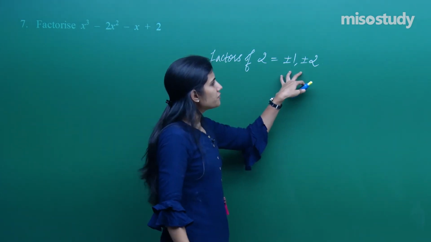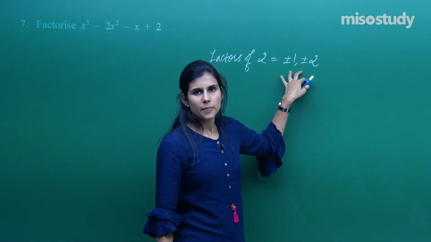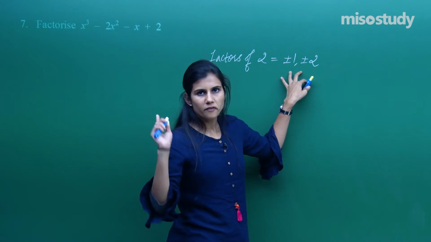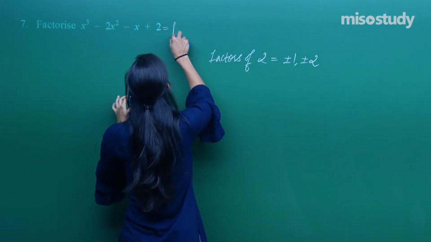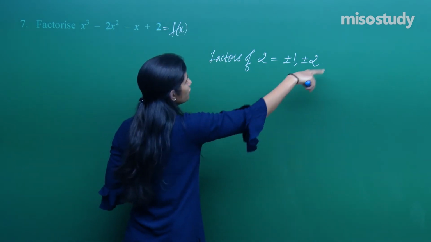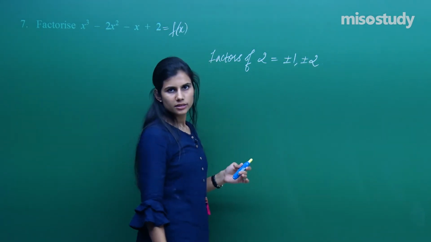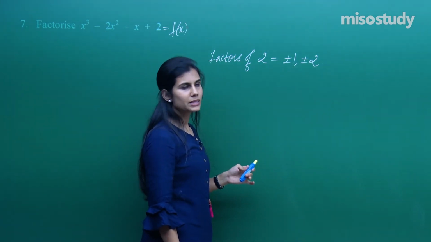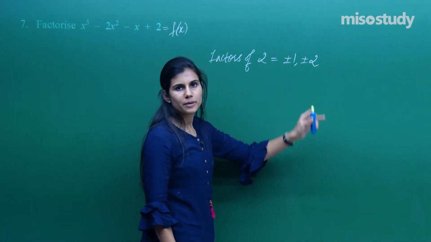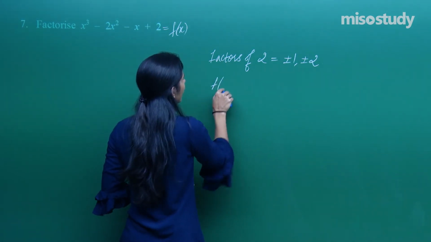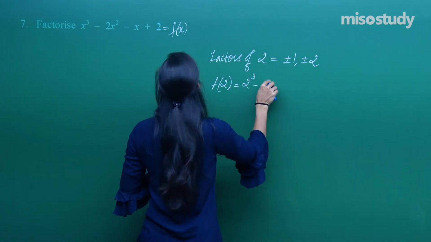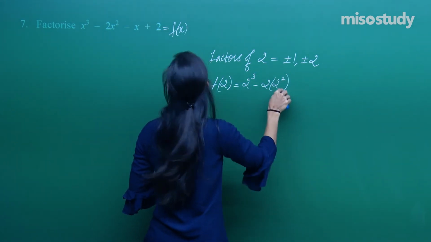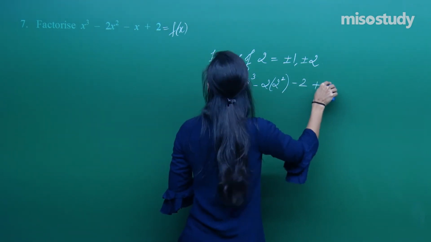I will be checking which of these actually is an integral 0 of this polynomial. So let's say this is f(x). Out of these 4 values, which are factors of my constant term, plus 1, minus 1, plus 2 and minus 2, let me pick up 2. I get f of 2. f of 2 will be 2 cube minus 2 into 2 square minus 2 plus 2.